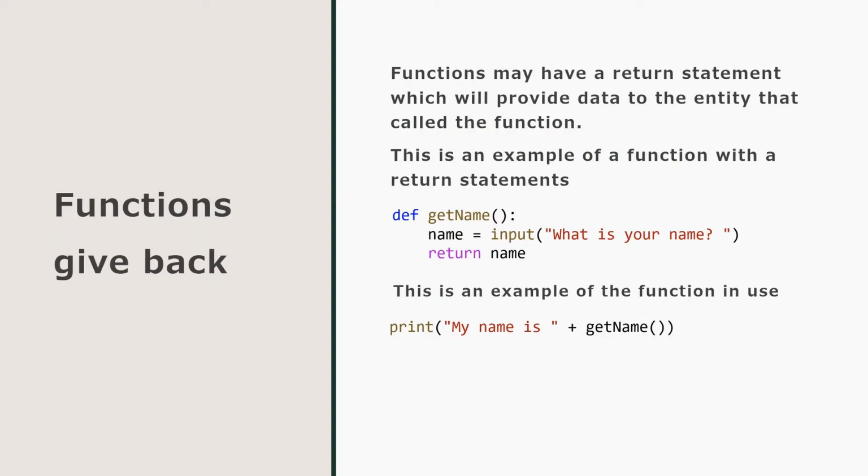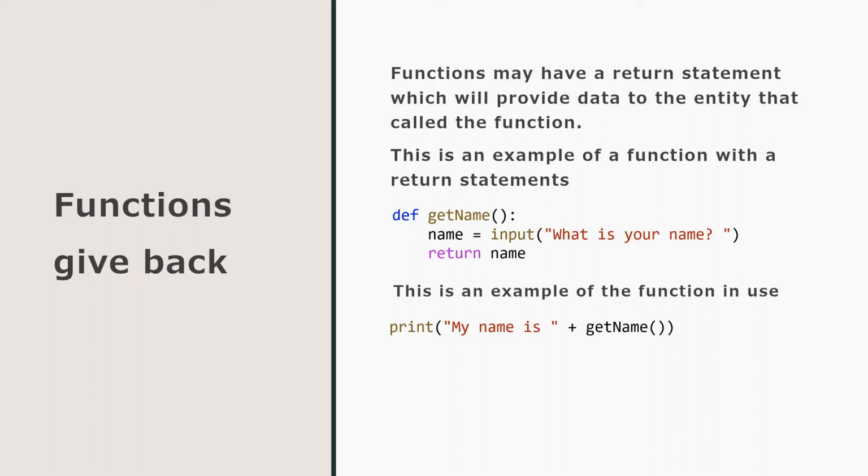Now, there's two types of functions. First, there's functions that can give back. Functions that can give back are functions that have a return statement that provides something to whoever called them. So this is an example. This function, all it does, it gets the name from someone and then it returns that name to whoever called it. So it needs a return statement at the end. And then at the bottom there is an example of how you would use this function.